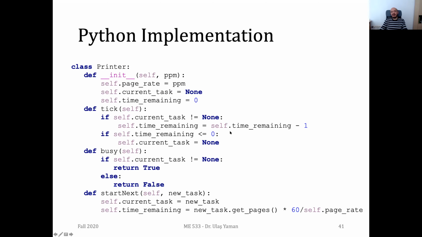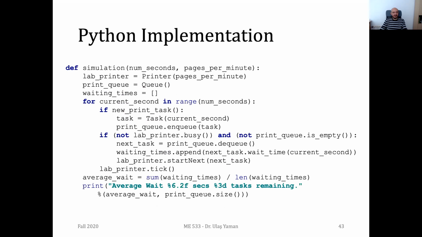We do these operations until we are done with that printing task. And after your simulation is completed for the given number of seconds, we calculate the average waiting time and print it. We also write the remaining tasks. So this is how we print the result of the simulation to the screen.